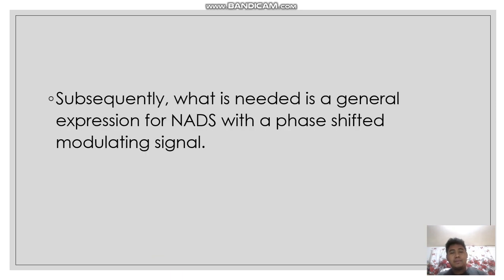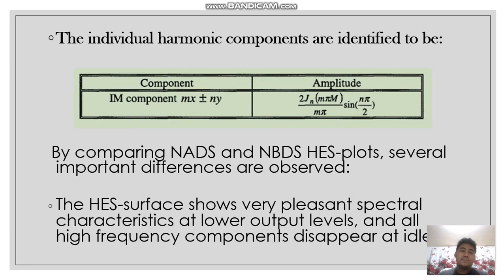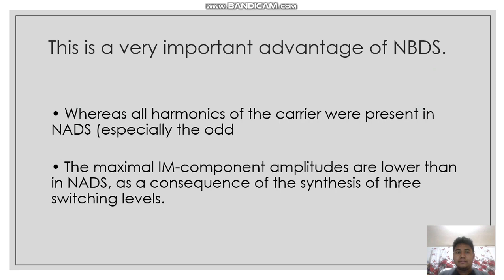So subsequently, what is needed is a general expression for NADS with a phase-shifted modulating signal. So there's the formula for it. The individual harmonic components are identified to be the harmonics of the carrier MX, and the IM component MX plus minus NY, and there's the amplitude formula. And by comparing NADS and NBDS Hess plots, several important differences are observed. The Hess surface shows very pleasant spectral characteristics at lower output levels, and all high-frequency components disappear at idle.